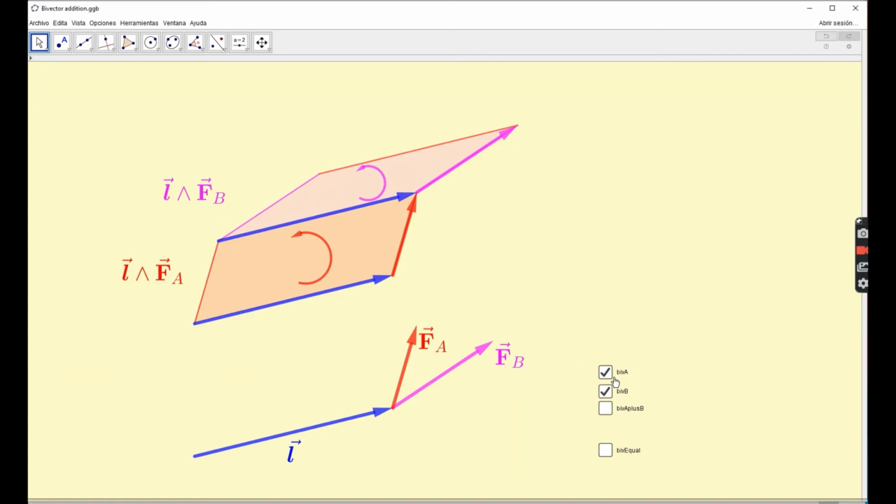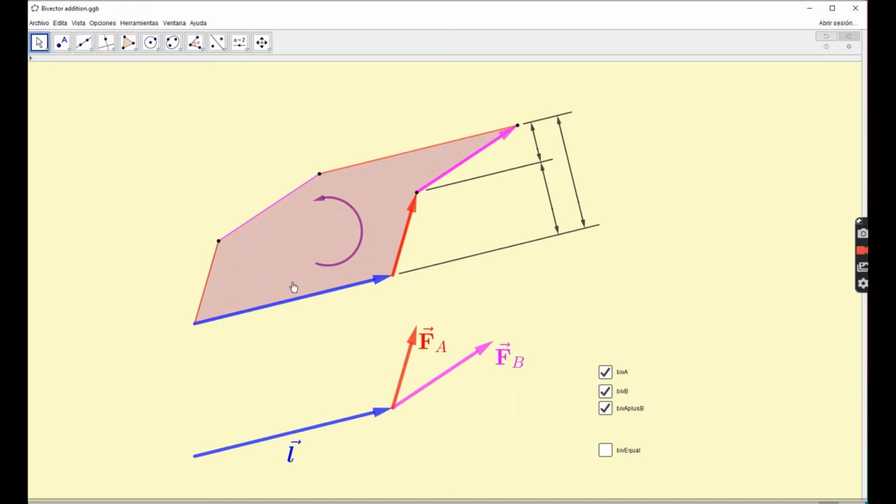Both of them have the same base length, and their respective heights are the perpendicular components of the respective vectors here. And put together, these two perpendicular components are that high. So using our geometry, we can show that this whole hexagonal bivector here, this is a hexagon, has the same area as a parallelogram that has this base and that height.